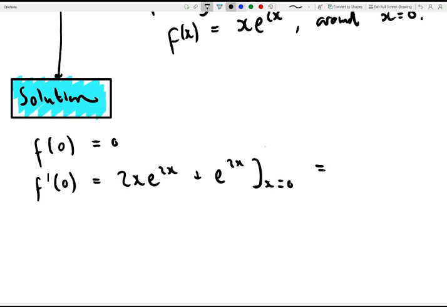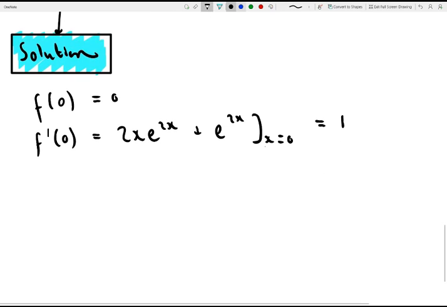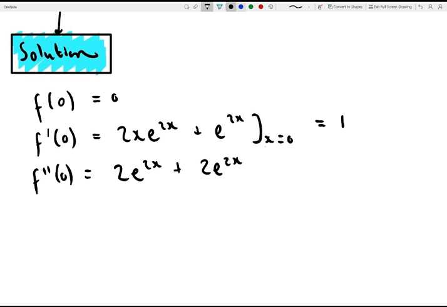Evaluated at x equals 0 gives us 1. And the second derivative of f evaluated at 0 gives us 2e to the 2x plus 2e to the 2x plus 4x e to the 2x. This evaluated at 0 gives us 4, because there we've actually got 4e to the 2x.